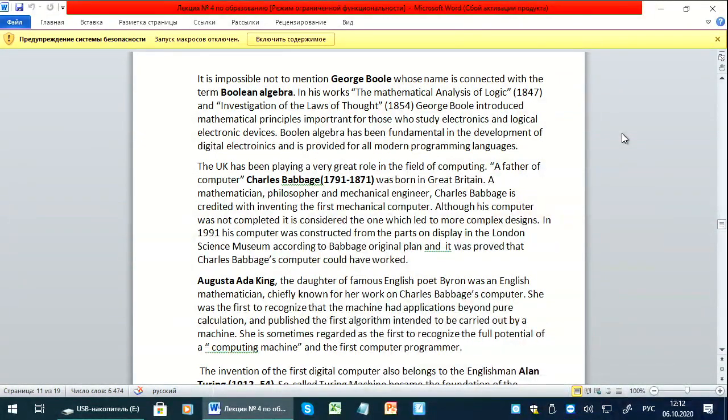She was the first to recognize that the machine had applications beyond pure calculation, and published the first algorithm intended to be carried out by a machine.